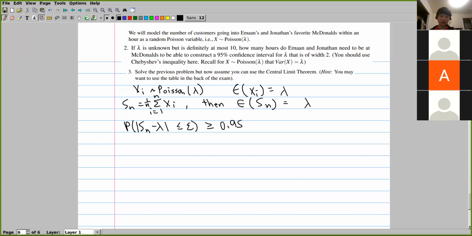And with width 2, we want to be within 2 of the correct lambda. For part 2, to turn this into something that uses Chebyshev, we want to take the complement of both sides. Let's make this fit the Chebyshev version.